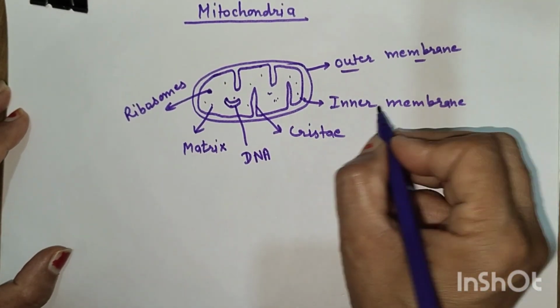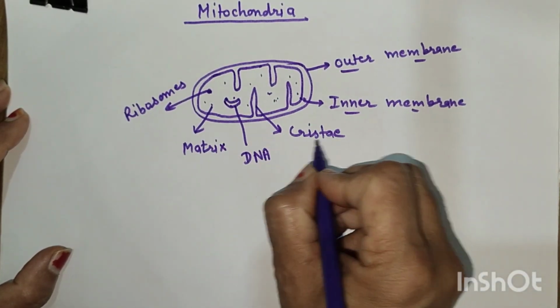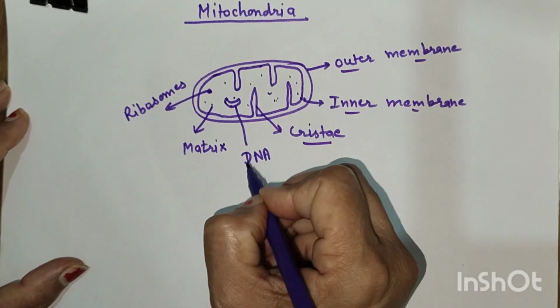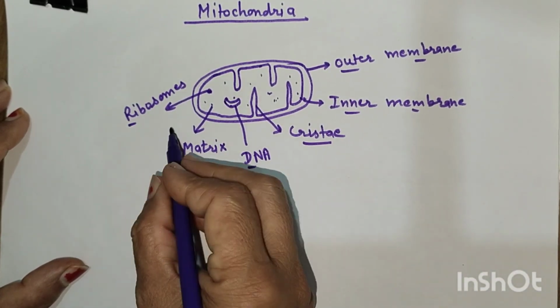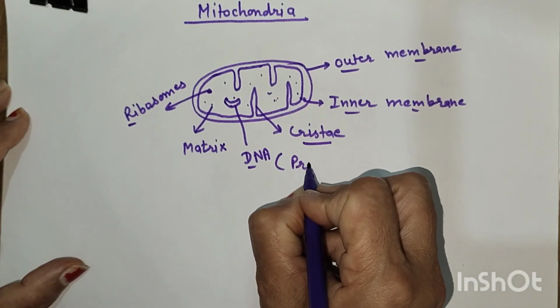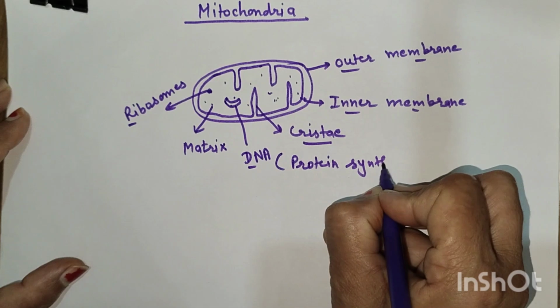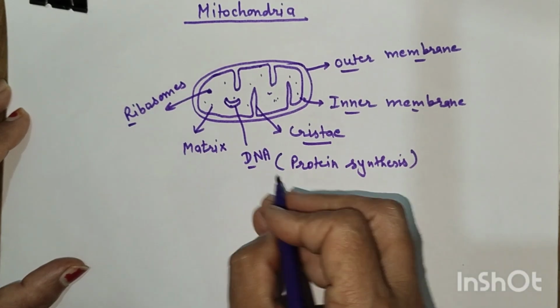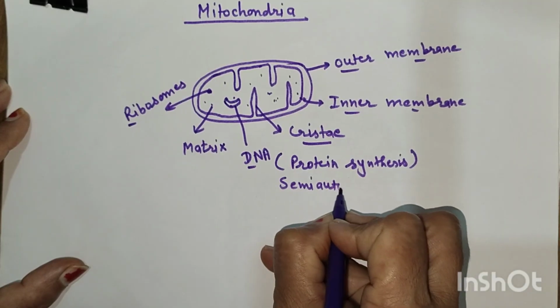It has an outer membrane and an inner membrane. The inner membrane has finger-like projections called cristae. It has its own DNA and ribosomes. Both the DNA and ribosomes help in protein synthesis, and that's why it is called a semi-autonomous organelle.